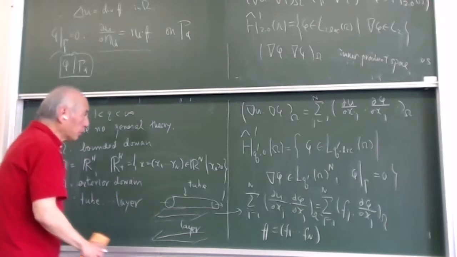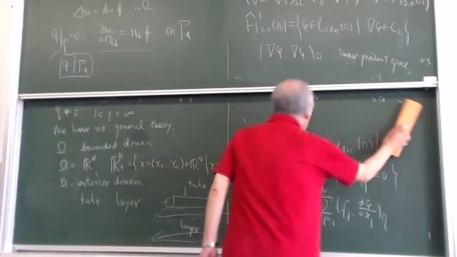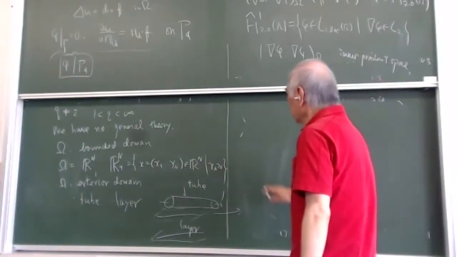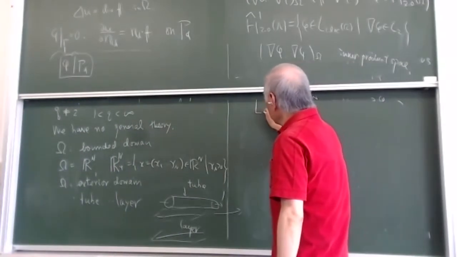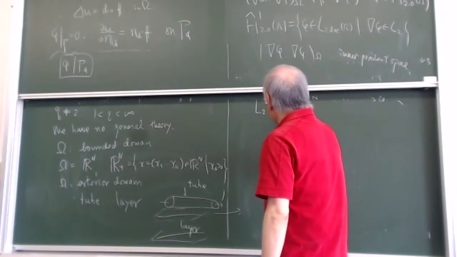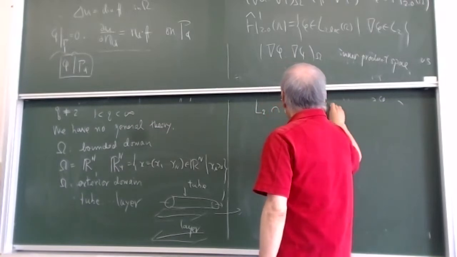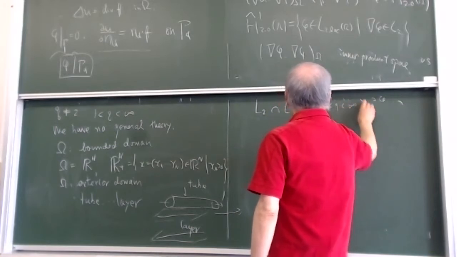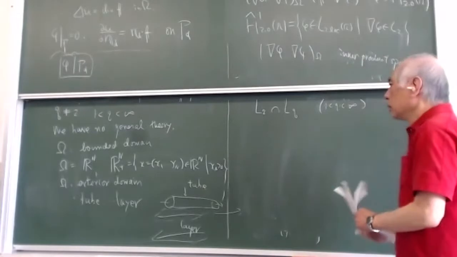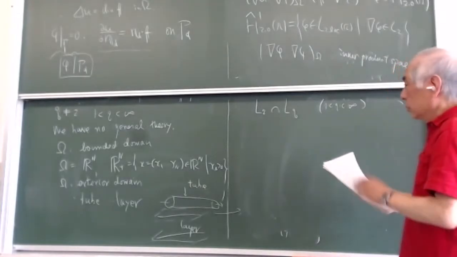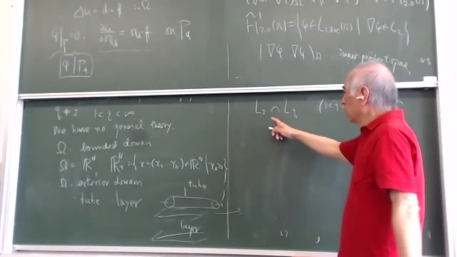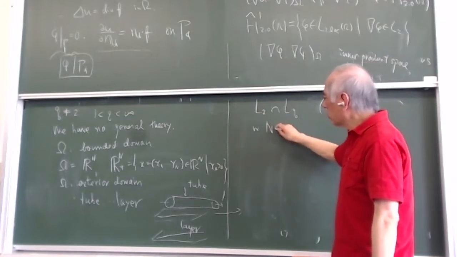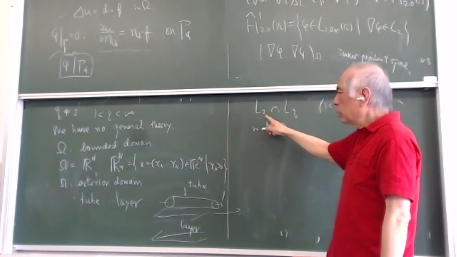One of the typical approaches is, of course, L2, but you consider this intersection problem. Then you can solve the weak Neumann-Dirichlet problem in L2.